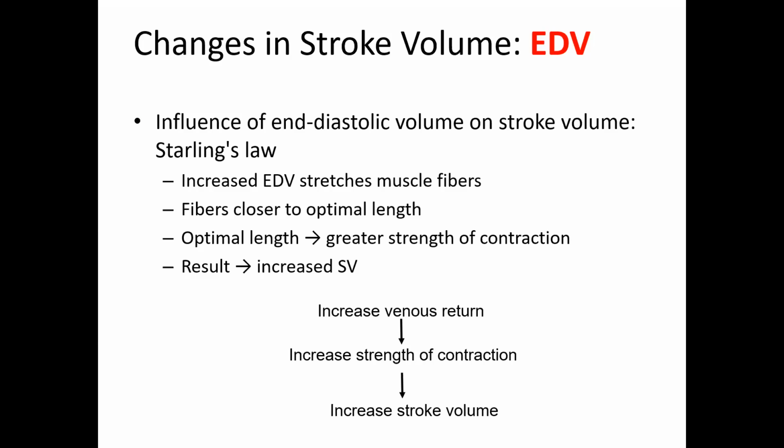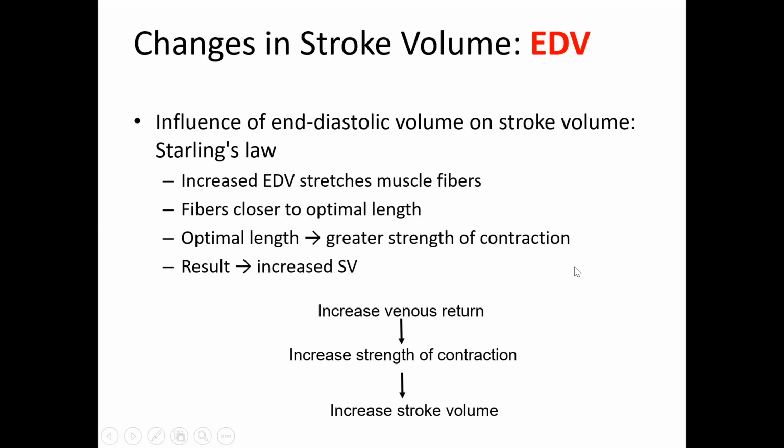Here in cardiac muscle, it's a little bit different. The myocardial cells, the sarcomeres, are not usually at their optimal length. The more that we stretch the sarcomeres, the more they approach their optimal length. And so it creates this law within the heart that if I can increase how far I stretch these fibers, I can then let my fibers approach that optimal length, and I'm going to increase the amount of force that they can generate as they get closer to that optimal length.